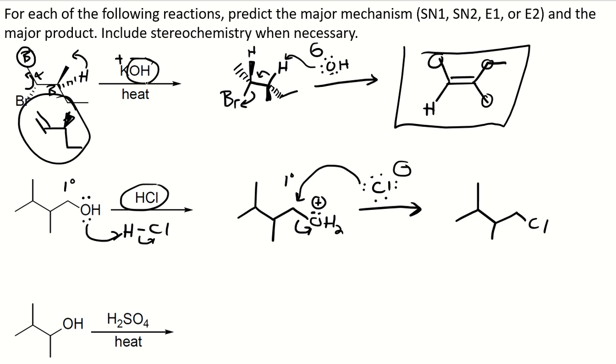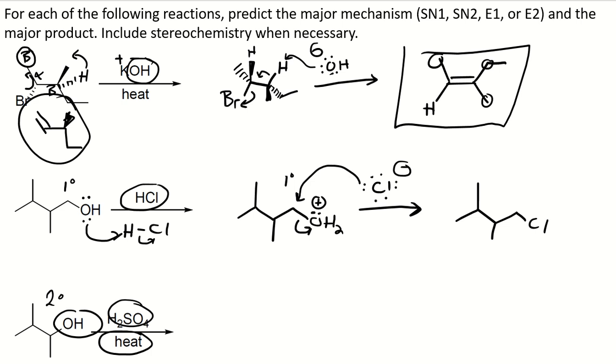Last, we're going to do something similar where we have our alcohol. This one is actually secondary. We're going to add an acid, which is going to make that alcohol a leaving group, and we're also adding heat. Heat is usually an indicator we're doing elimination. We have a secondary alcohol, meaning that we could potentially do E1 or E2.